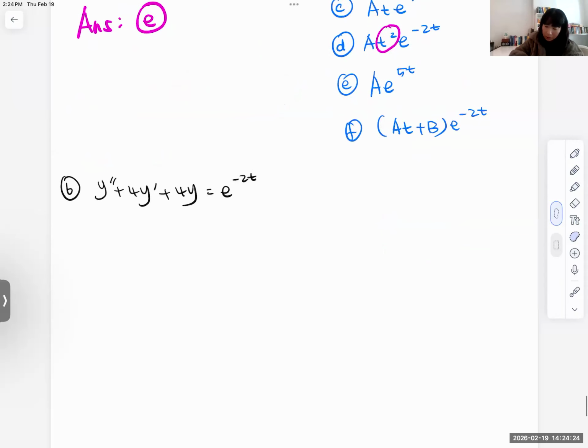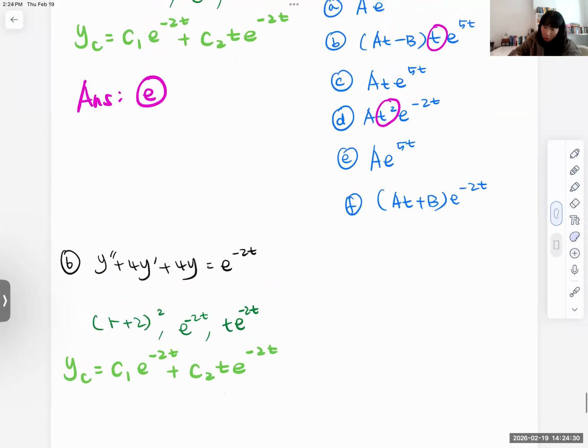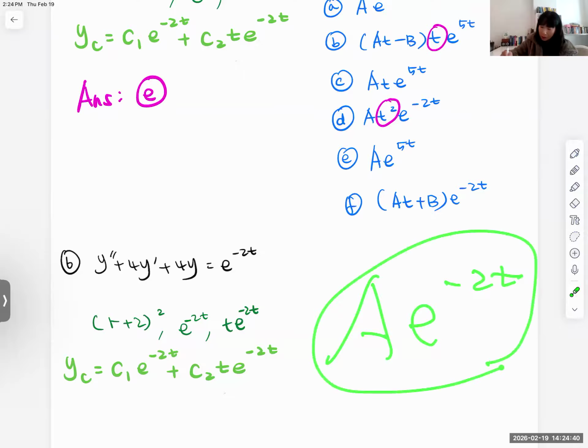Copy? Okay, then let me do this way. We could use a e to the negative 2t, right? But then negative 2t is in the complementary equation solution, right?